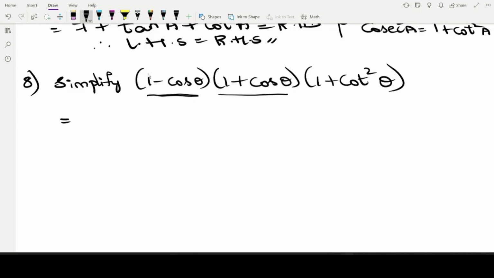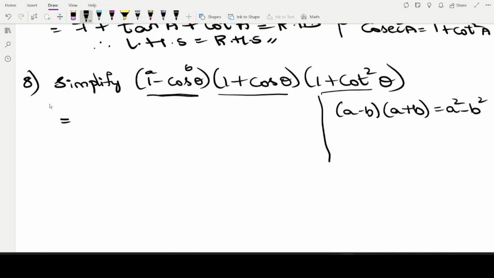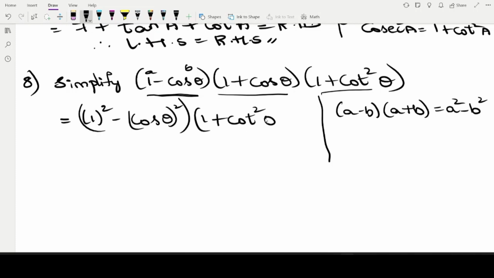Take this as A and this as B. Then this becomes A minus B into A plus B, and we have the formula for that, which is A square minus B square. Let me write it first: 1 whole square minus cos theta whole square, into 1 plus cot square theta.